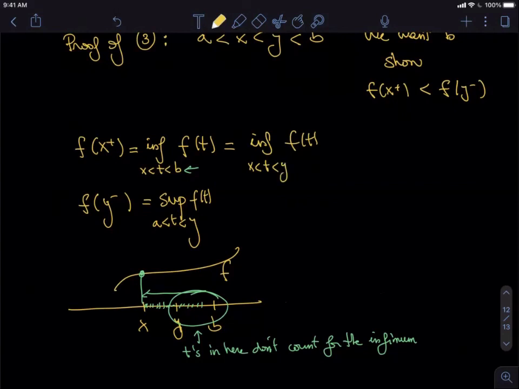I'm throwing off a few values, but it doesn't matter. Those are not going to affect the infimum, because for the infimum, what matters is like a limit.